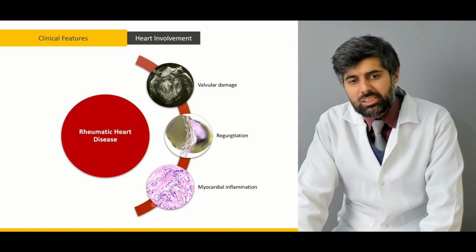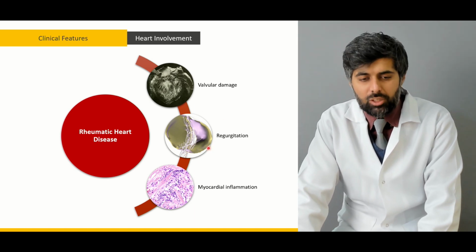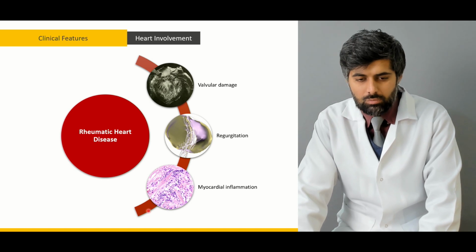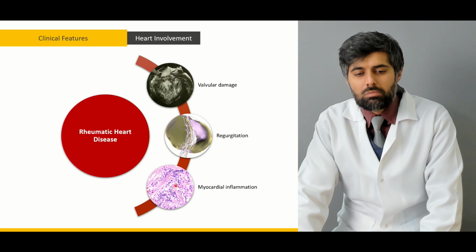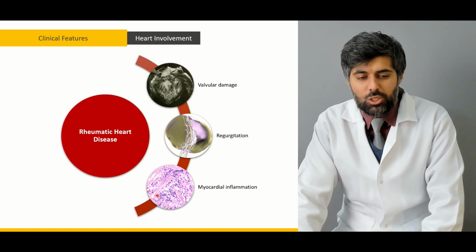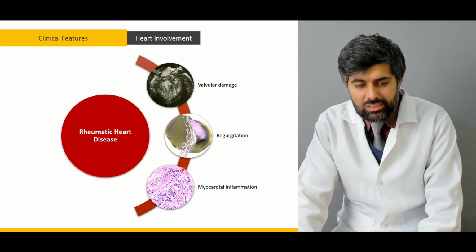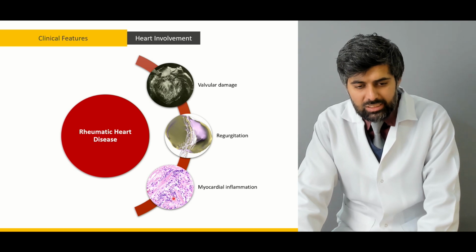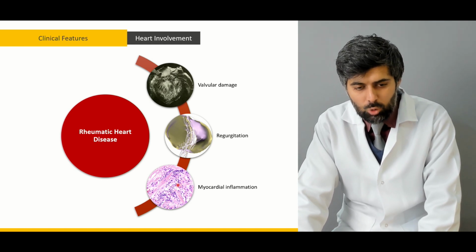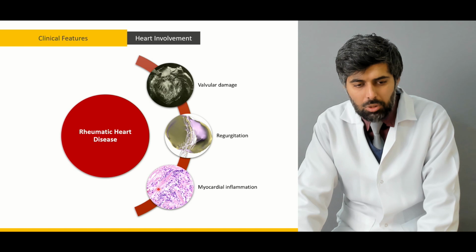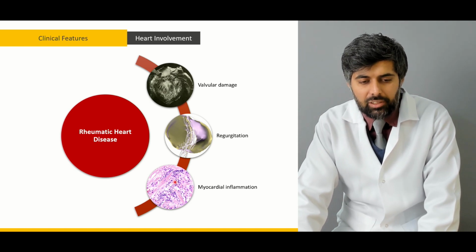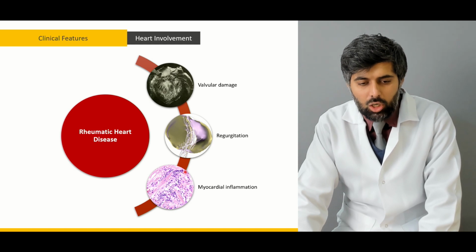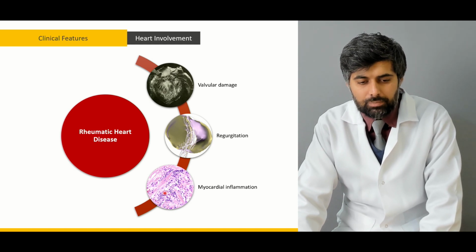So, all of this, the valvular damage and the regurgitation, then ends up in myocardial inflammation. In this inflammation, you can easily see that there is not only proliferation, but rather an invasion of T cells inside the myocardium of the heart.